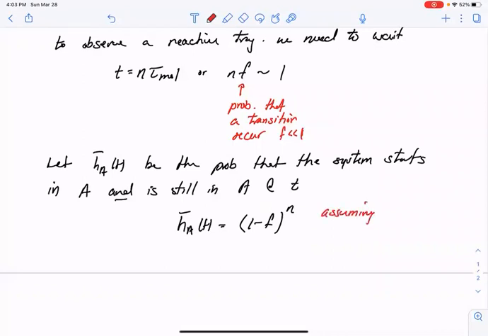Assuming transition attempts are uncorrelated.